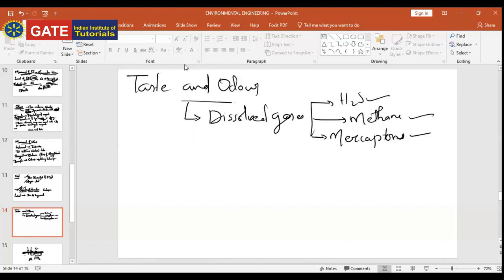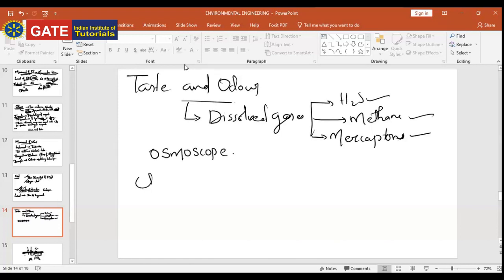Now, how are you going to measure it? You can write: taste and odor is measured by a device called an osmoscope. Got it?